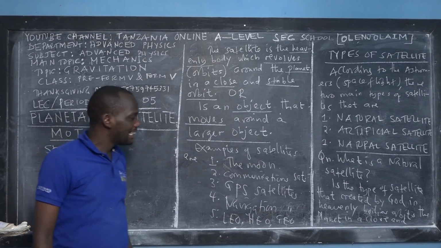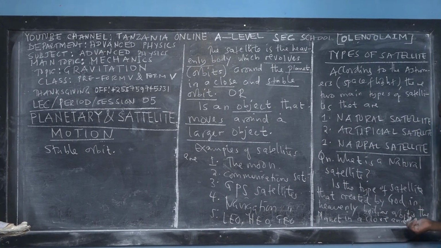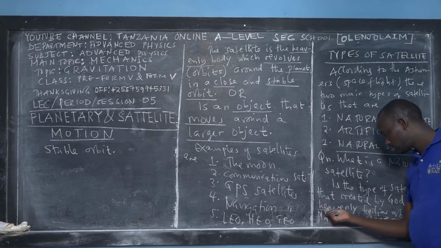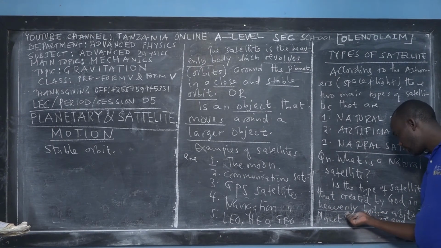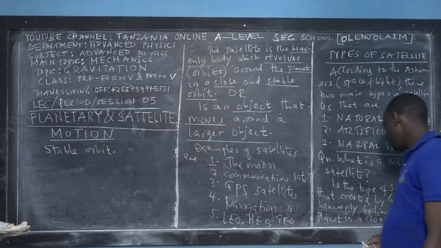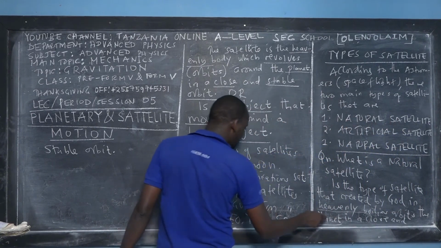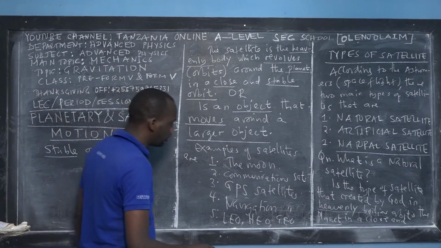So a natural satellite is the type of satellite created by God in heavenly bodies. Heavenly bodies means one of the components of the heavens. It orbits or revolves around the planet in a close and stable orbit.